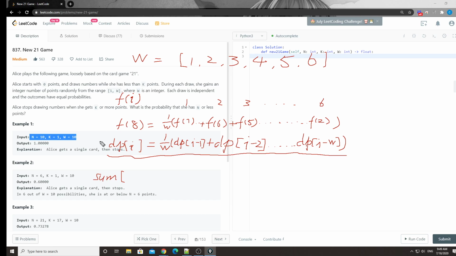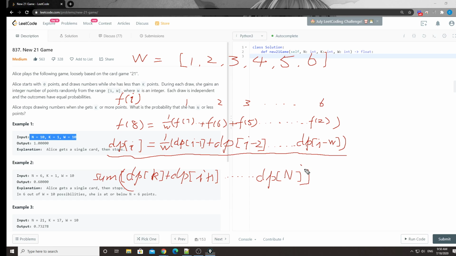So the probability we need will be dp k plus dp k plus 1, until dp n.